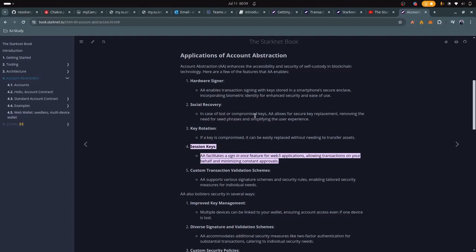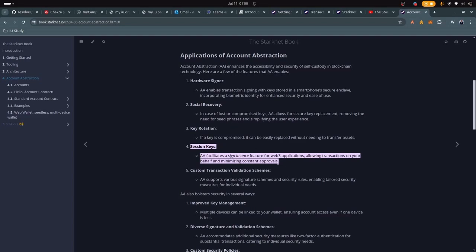There are also what we call session keys on Starknet. Assuming you are a gamer, normally for each level you have to sign a transaction, like signing that you have completed a particular level in your game. That's the normal stuff we see on the EVM. But on Starknet with session keys, you can sign a transaction once, and then you don't have to sign again till the end of the session.